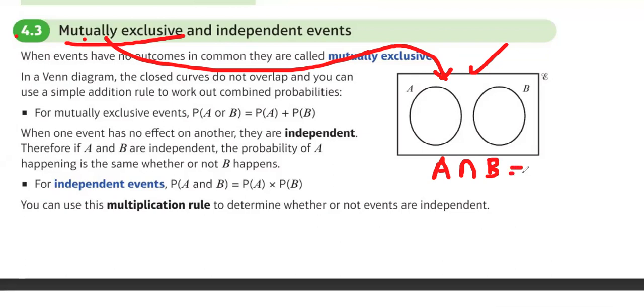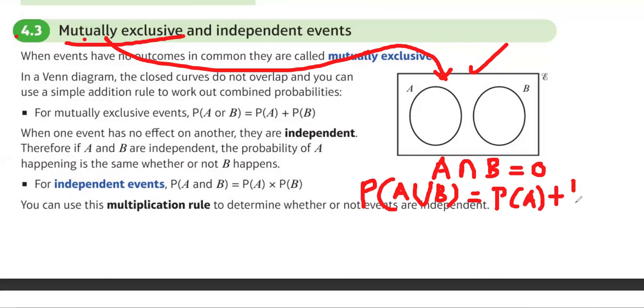Then probability of A union B equals P(A) plus P(B) only. You can use this equation for mutually exclusive events.